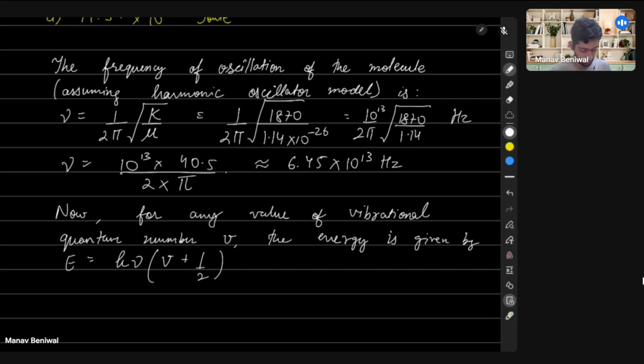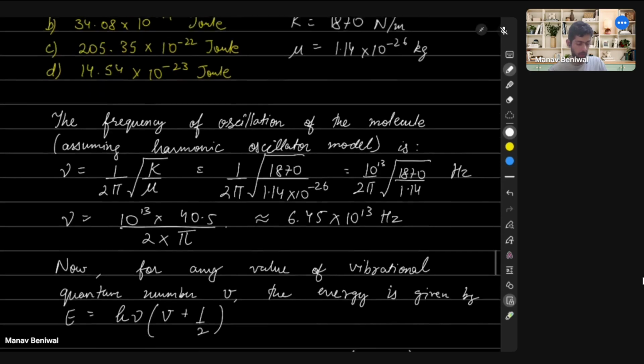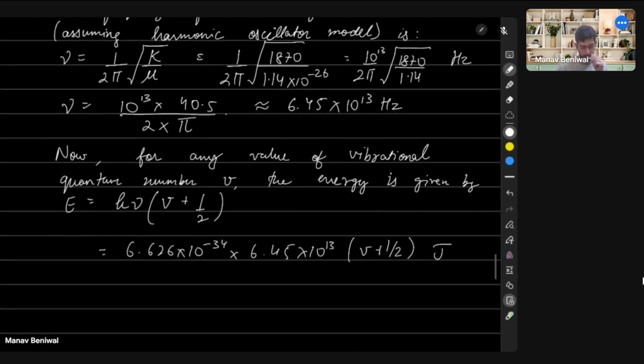So let's plug in the values: 6.626 × 10 to the minus 34, and this is 6.45 × 10 to the 13, and this is V plus half. So yeah, this much joules.